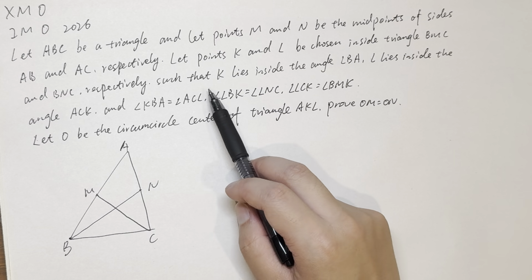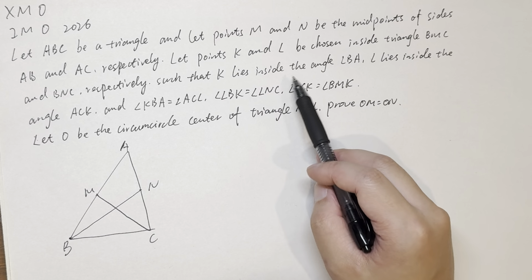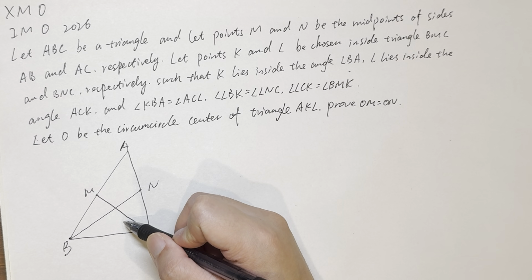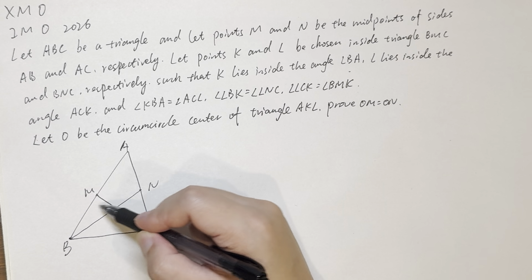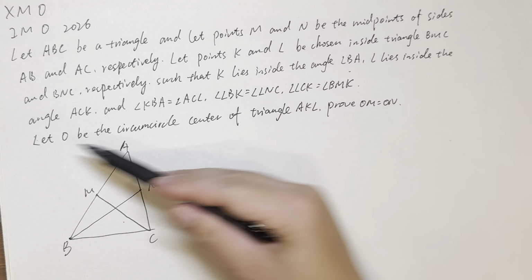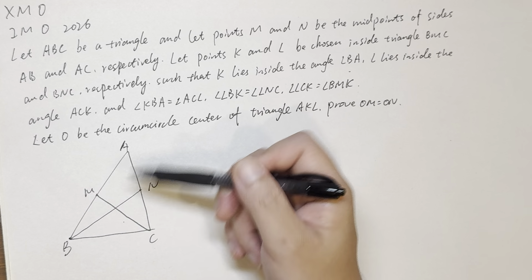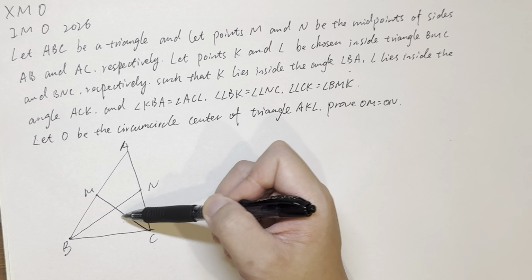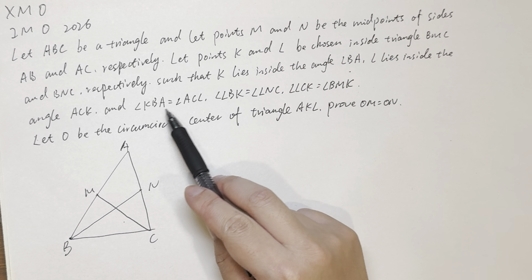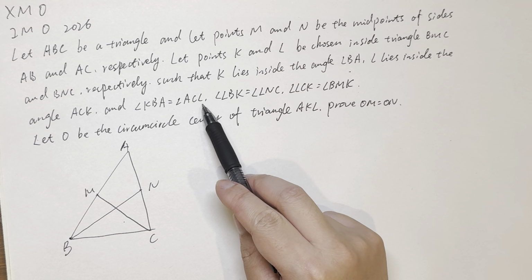And such that K lies inside the angle LBA. For example, L is here, then LBA is here, K is inside here, and L lies inside the angle ACK. So ACK is here, L is here, right? And angle KBA equals angle ACL.